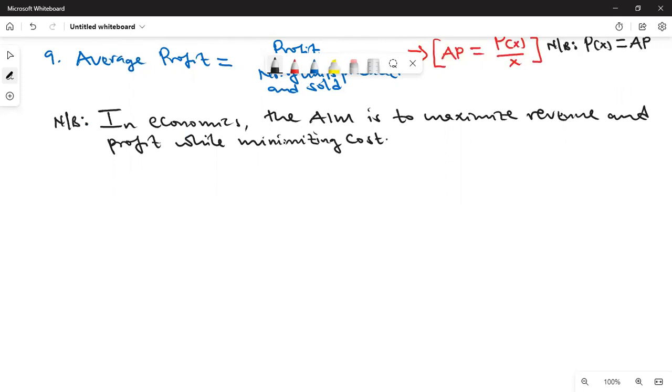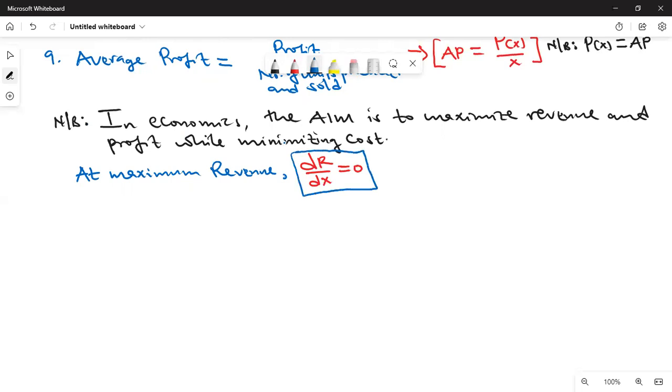So you can write this, that at maximum revenue, we know that the derivative of R with respect to x must be equal to 0. When you want to know whether you're going to maximize your revenue, you must first of all differentiate the revenue function with respect to x and equate it to 0.